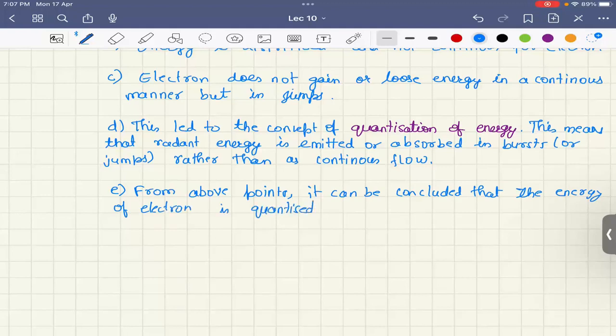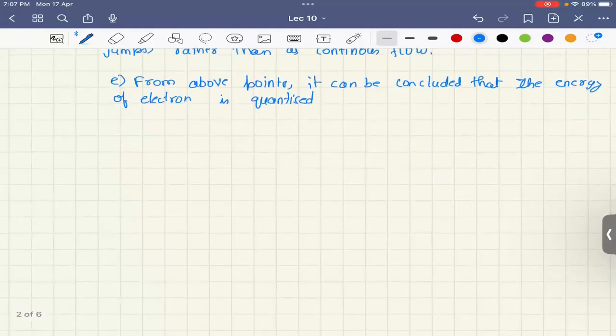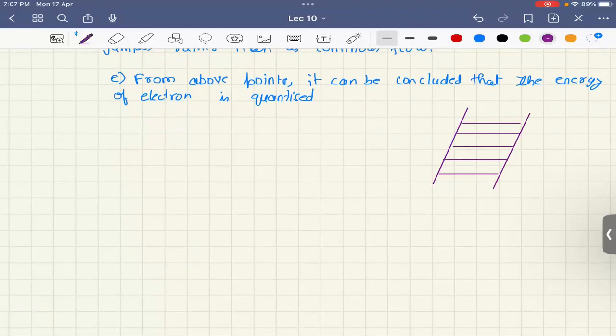The quantization concept may seem to be mysterious, but it is very easy to understand. The discrete energy levels in Bohr's model may be compared with the steps of a ladder. Let us consider this is the first step of the ladder, second, third, fourth; these are the energy levels.